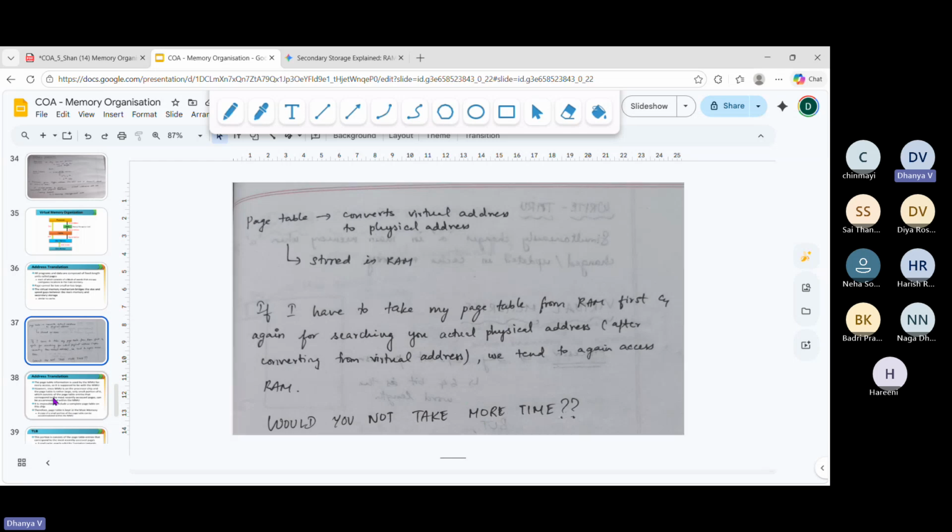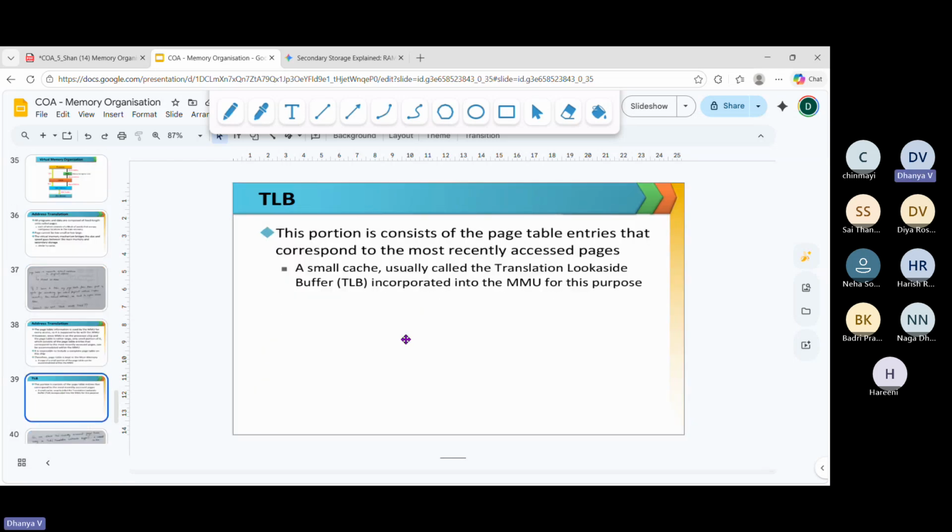Yes, you would. So that's why we have something called a TLB, the translation lookaside buffer. That's a very small cache, okay? It's incorporated into your MMU. It will store the most frequently accessed stuff.